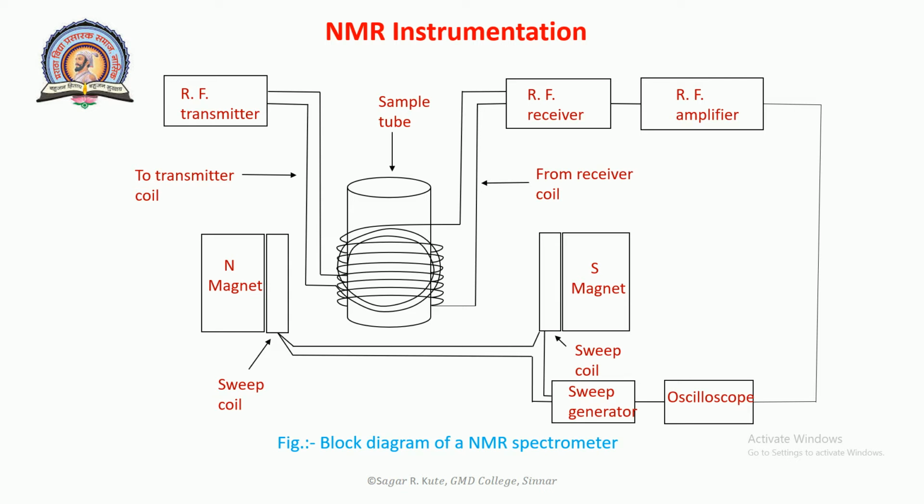The basic requirements of a typical NMR spectrometer are: first, an electromagnet giving a powerful, stable and homogeneous magnetic field. The field must be constant over the area of the sample and over the period of time of the experiment. Second, a sweep generator which supplies a variable current to the secondary magnet, so that the total applied magnetic field can be varied over a small range.